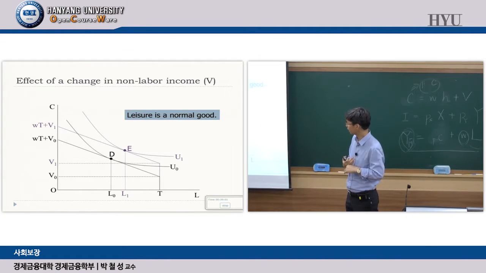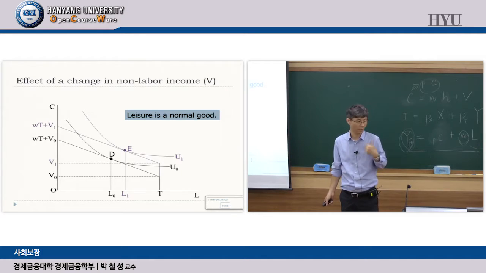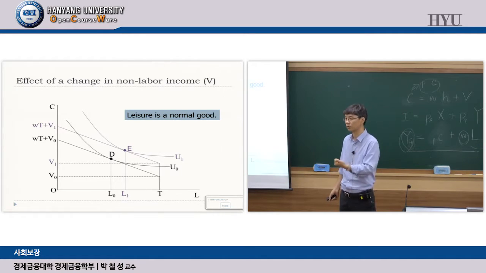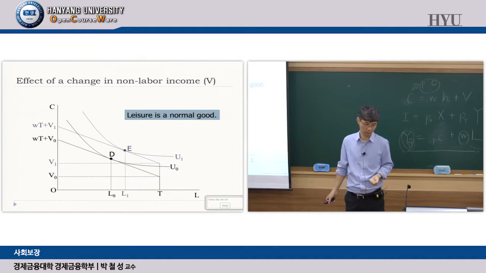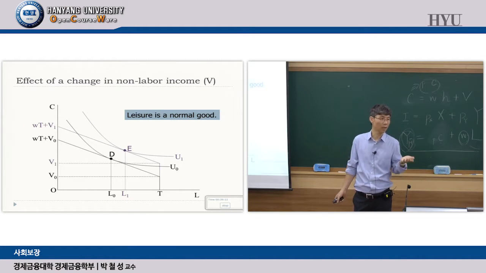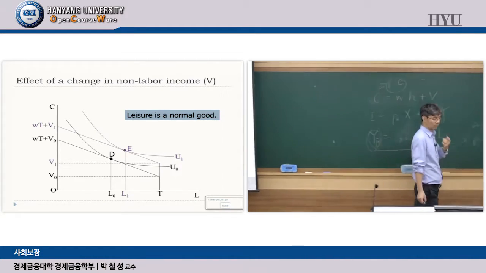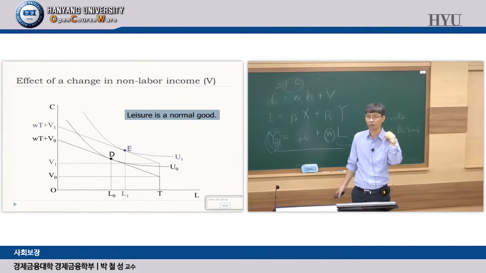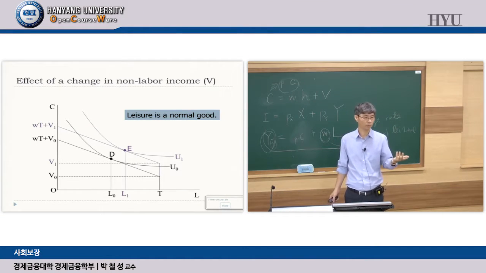So one thing we just figured out: higher non-labor income leads to less work. This is actually a very important insight if we look at, for example, how the welfare program works. Let's say cash transfer from the government.